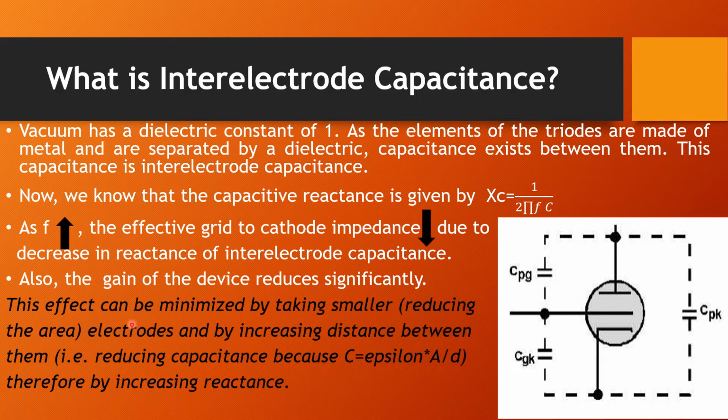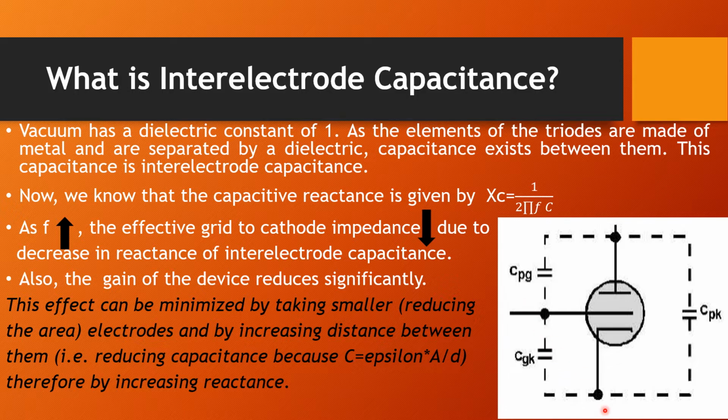So if you want to minimize the effect of reducing Xc with increasing frequency, you should increase the inter-electrode distance.